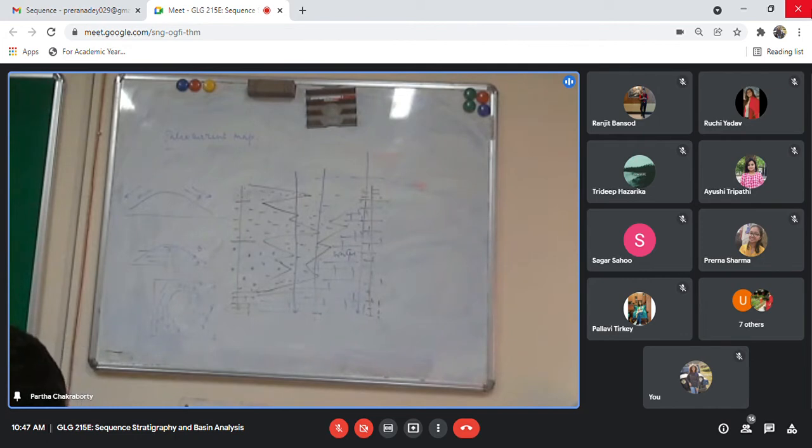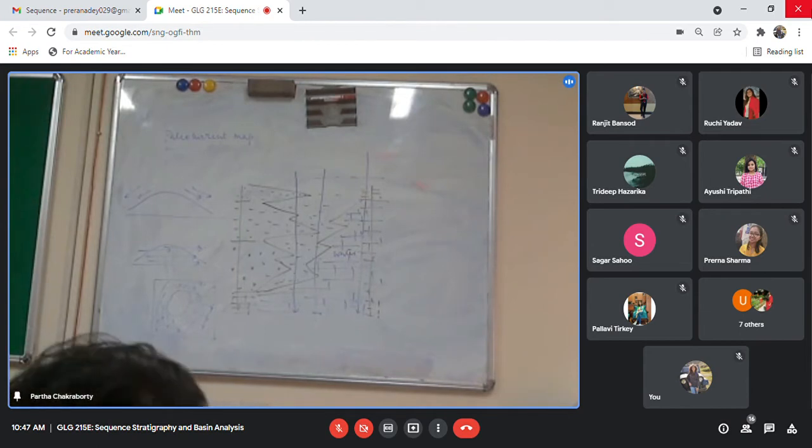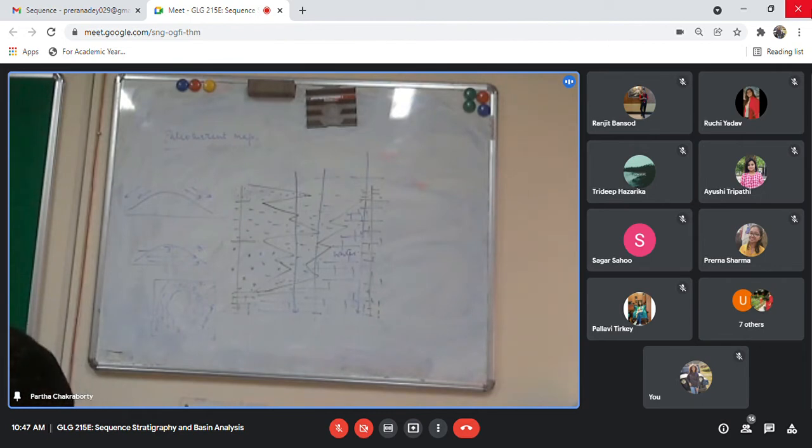After sequence stratigraphy was introduced, this is not just me telling you, this is a fact, even if you search in the Book of North you can get it.